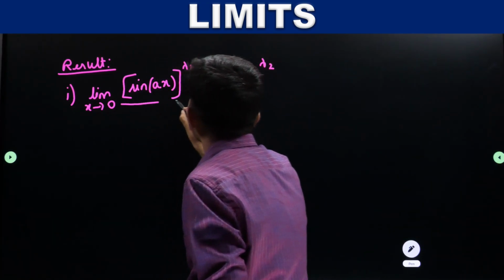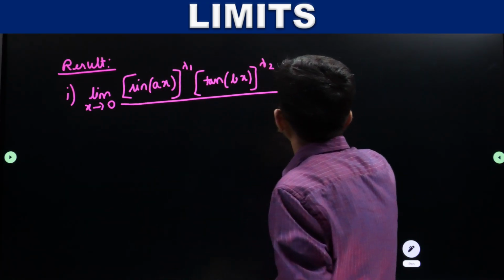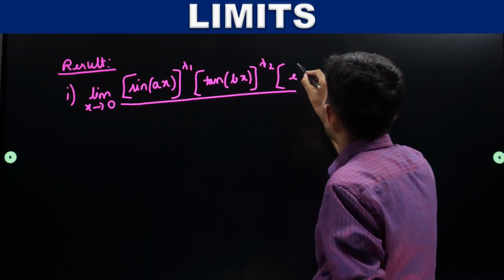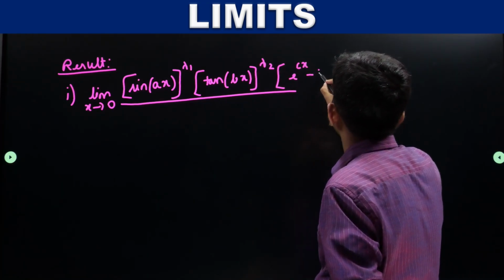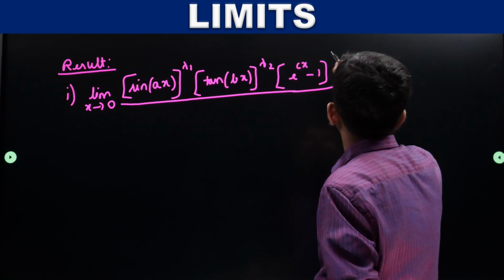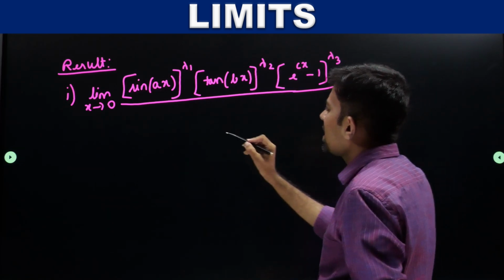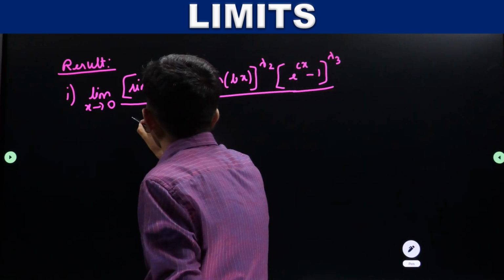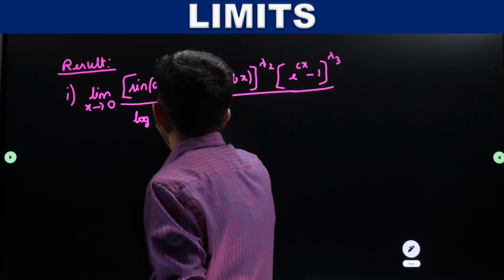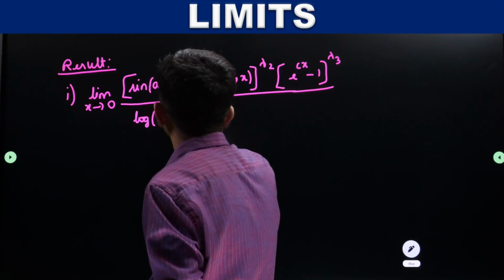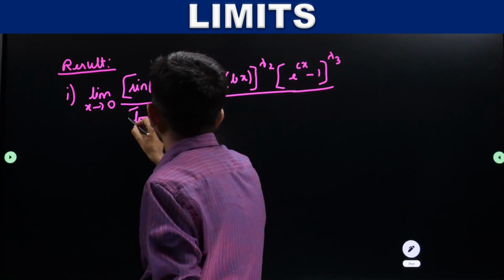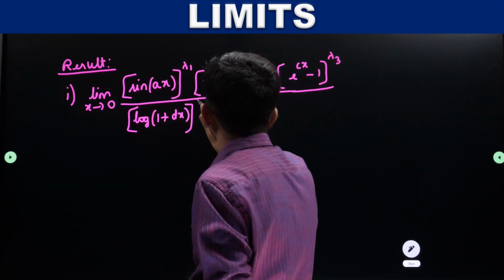Okay, I can consider the product as well as quotient. I can consider one more here, (e power cx minus 1) to the power lambda 3, divided by (log of 1 plus dx) to the power lambda 4.